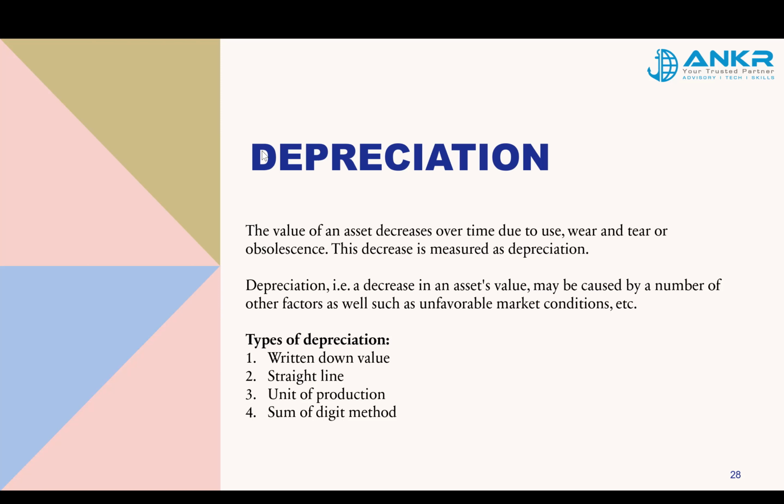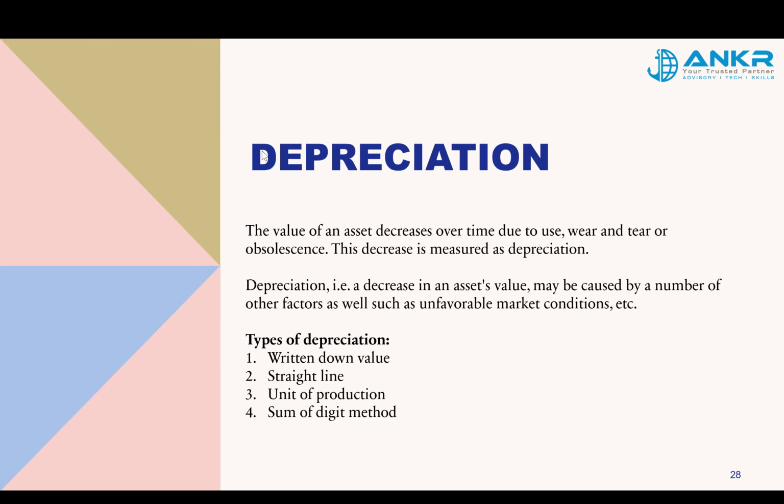The third method which we are going to discuss is unit of production. So let's say you have purchased a plant for again 1 lakh rupees, and the residual value is again 5,000 rupees, and the units which this plant can produce is 5 lakhs.